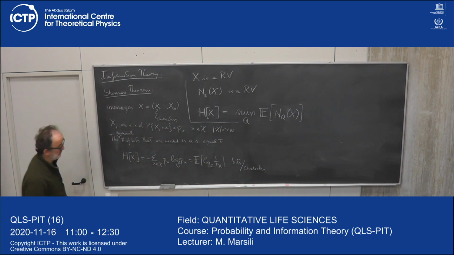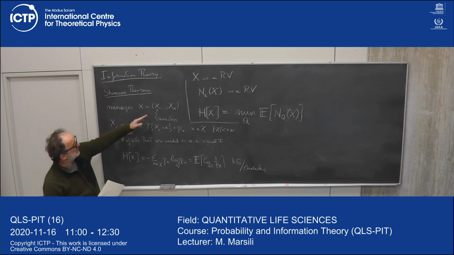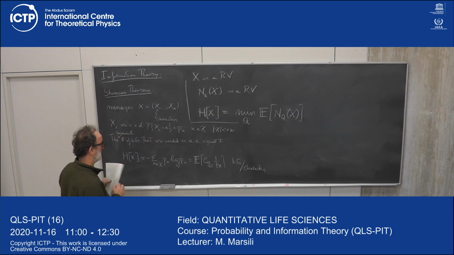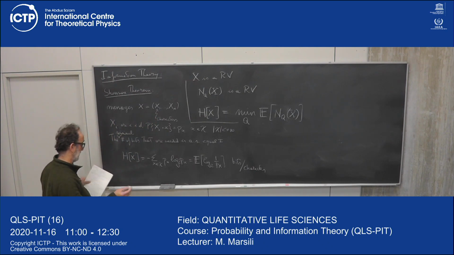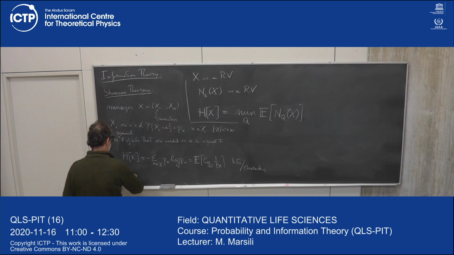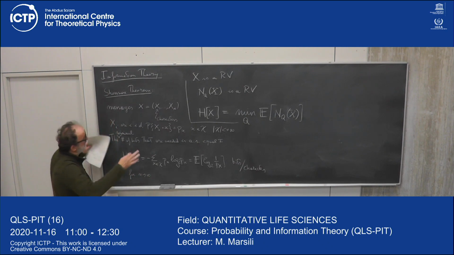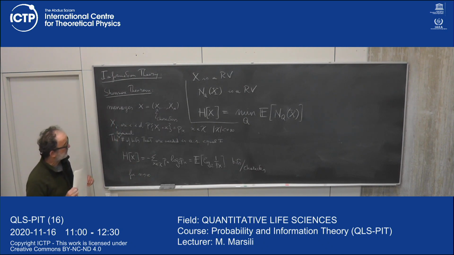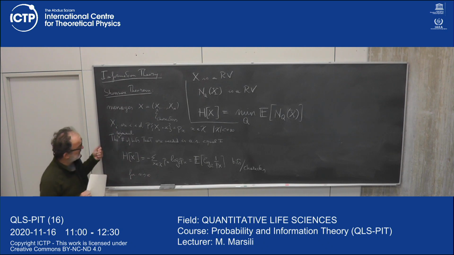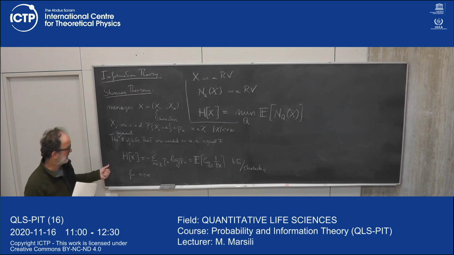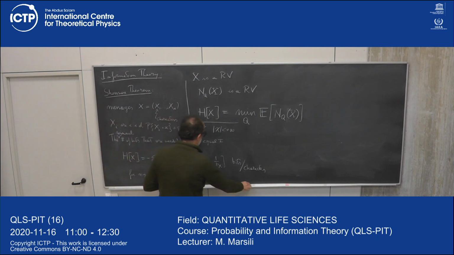So, in other words, if Alice and Bob exchange these messages very, very often, then asymptotically, when the length of these messages goes to infinity, the number of bits that they need for each character is at most equal to this object, and this object is called the entropy.